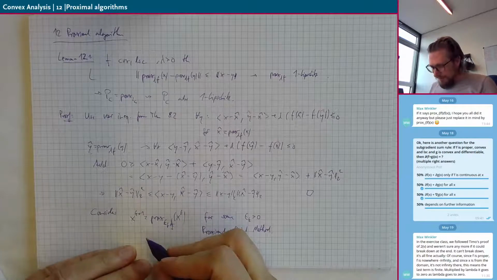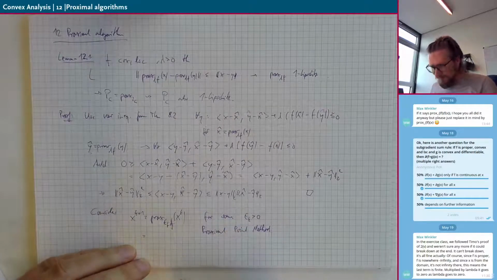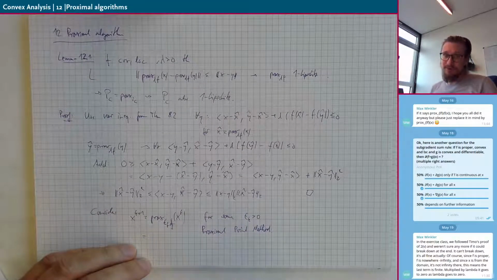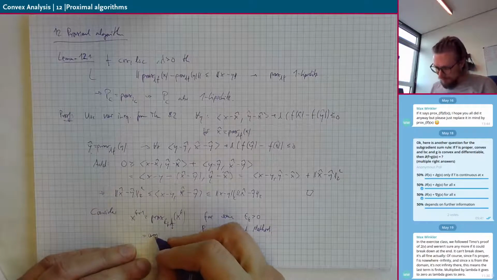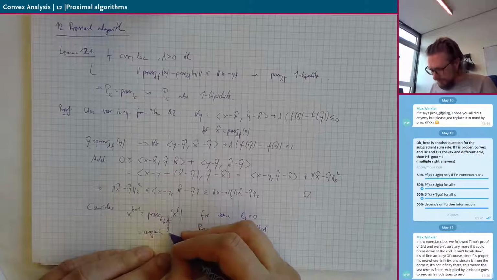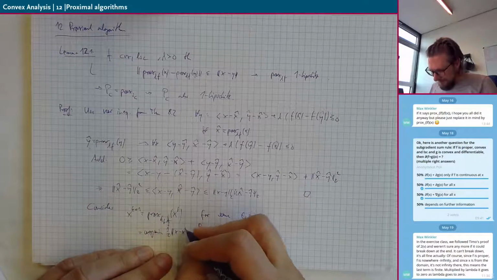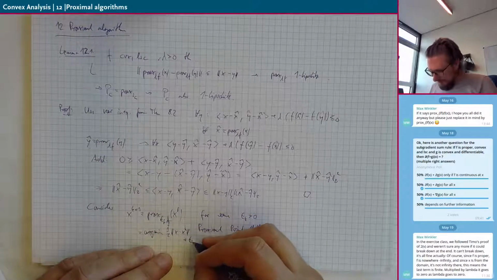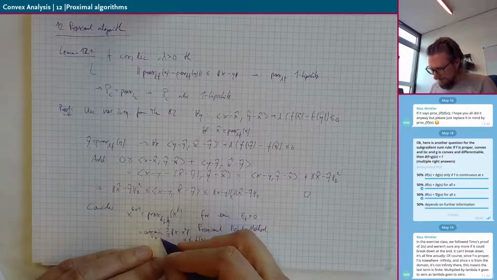It looks simple. But consider that the prox has the definition as solving a minimization problem. Actually the prox is the argmin of 1 over 2 norm of x minus xk squared plus tk f of x over x.